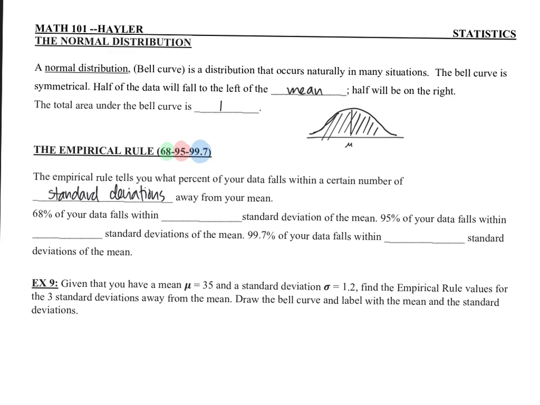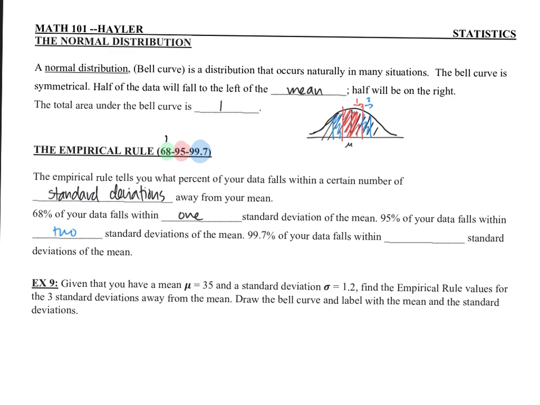What this says is that 68% of your data falls within, since it's the first number, 1 standard deviation away from the mean. So if I was to draw this out on my little bell curve, 68% would be 1 standard deviation away from my mean. Then, 95% of your data falls within 2 standard deviations away from the mean. So we have 2 standard deviations. So then that would be 95% of the data.